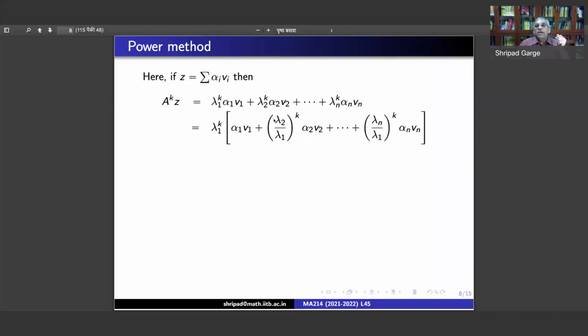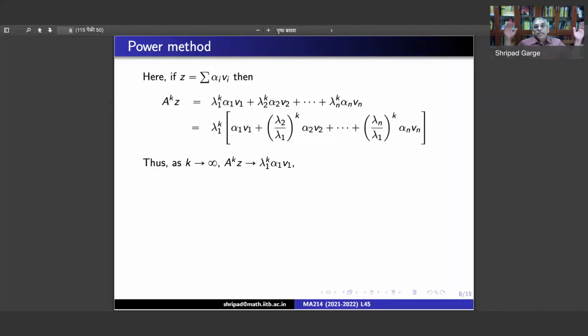Similarly, lambda n upon lambda 1 to the power k goes to 0. So the only thing left will be this particular alpha 1 v1. So as k goes to infinity, A^k z will behave like lambda 1^k alpha 1 v1.